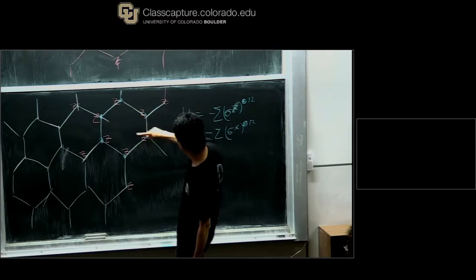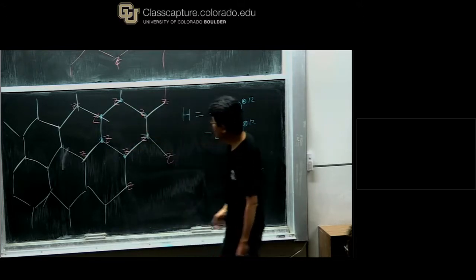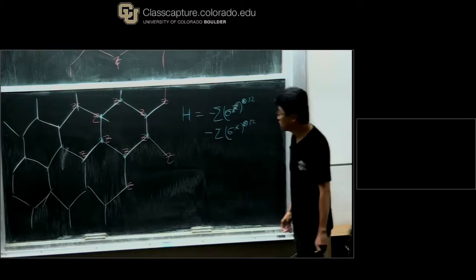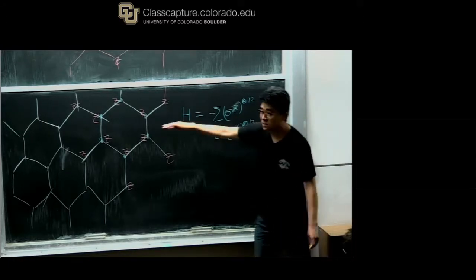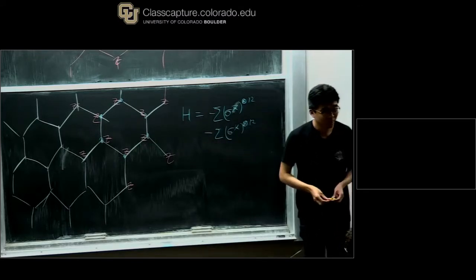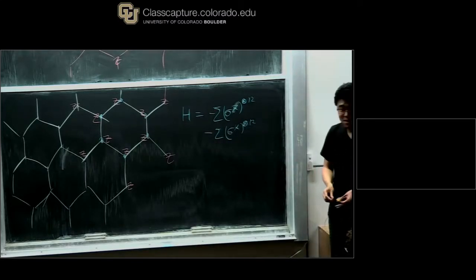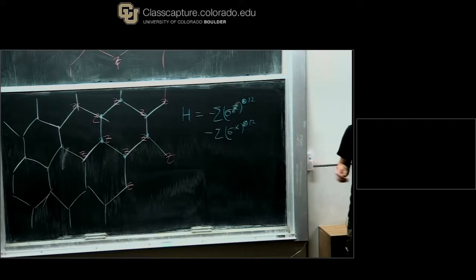So it's a product of 12 Pauli spins. And the same pattern goes for the sigma x part too. Any question about the definition of the model?